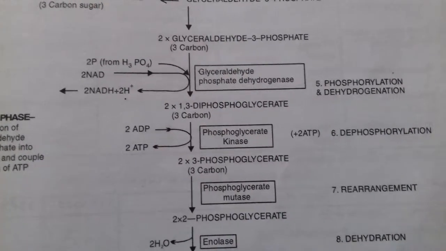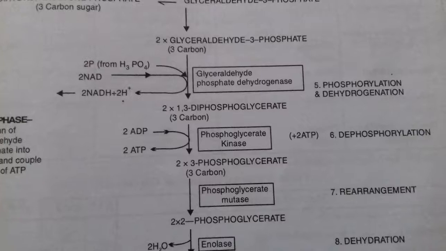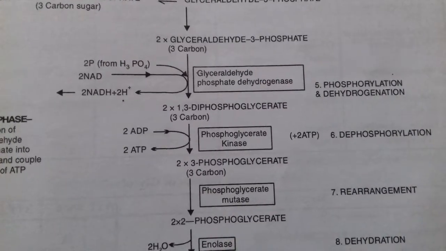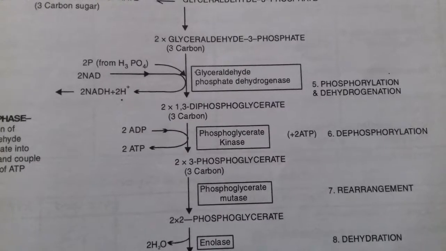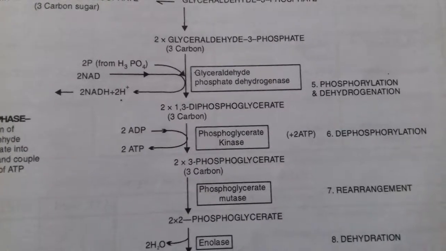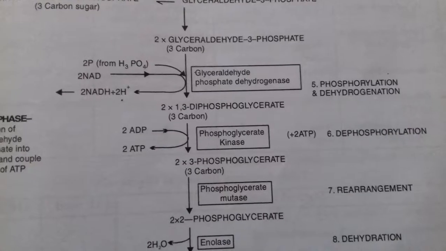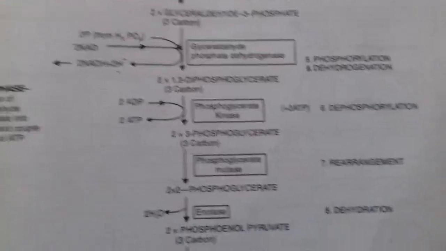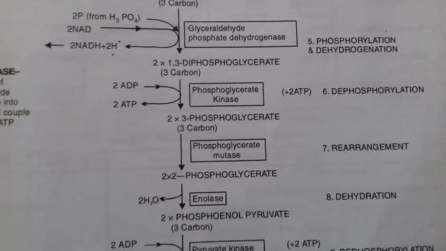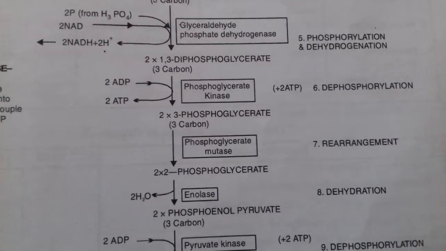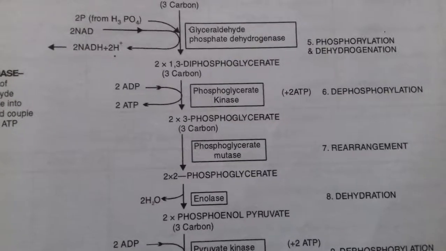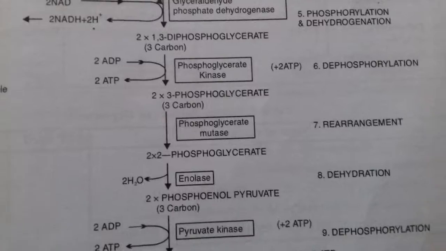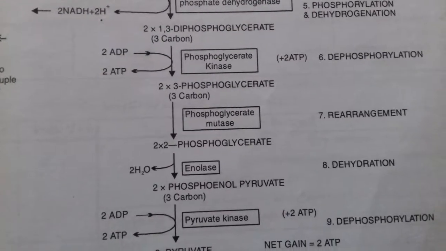In this reaction, 2 glyceraldehyde 3-phosphate will be converted into 2 of 1,3-diphosphoglycerate in the presence of glyceraldehyde phosphate dehydrogenase and the cofactor Mg2+. In the next step, there will be dephosphorylation, which is commonly known as the loss of phosphate.